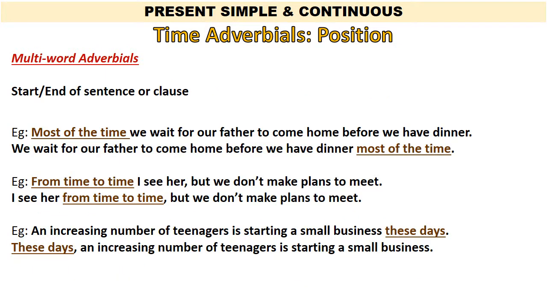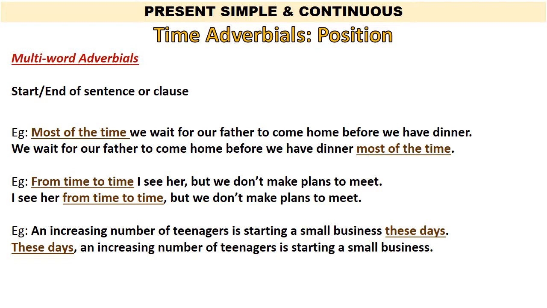Moving on, multi-word adverbials. Now these can be used at the start or the end of a sentence or a clause. For example, most of the time, beginning of the sentence, we wait for our father to come home before we have dinner.